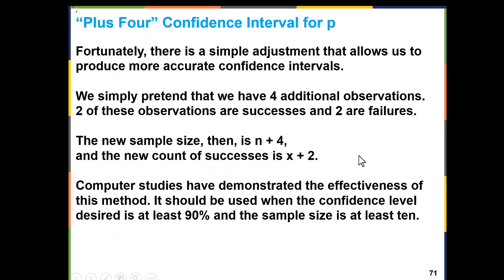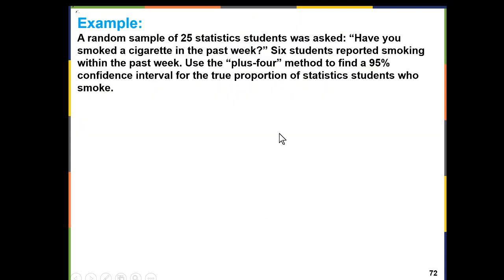All right, so that's all there is to it. As I said, computer studies have shown that this method is effective. So it should be used when the confidence level desired is at least 90% and the sample size is at least 10. Those are the conditions.